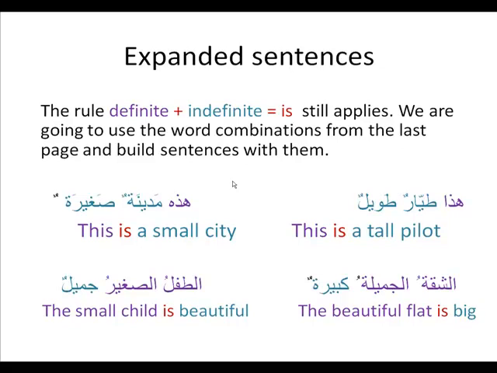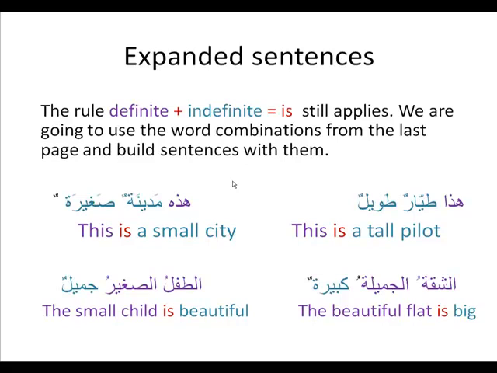But what we've done now is we've added the demonstrative pronoun هذا, this, for masculine, and all of a sudden this becomes a sentence. هذا طيار طويل. This is a tall pilot. It works the same with the feminine. مدينة صغيرة, a small city. هذه مدينة صغيرة. This is a small city.